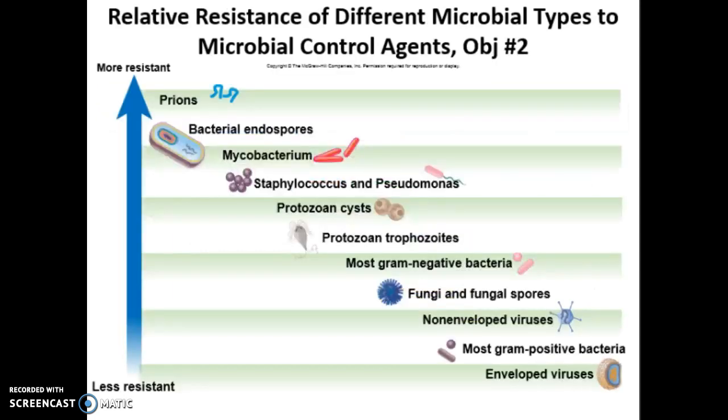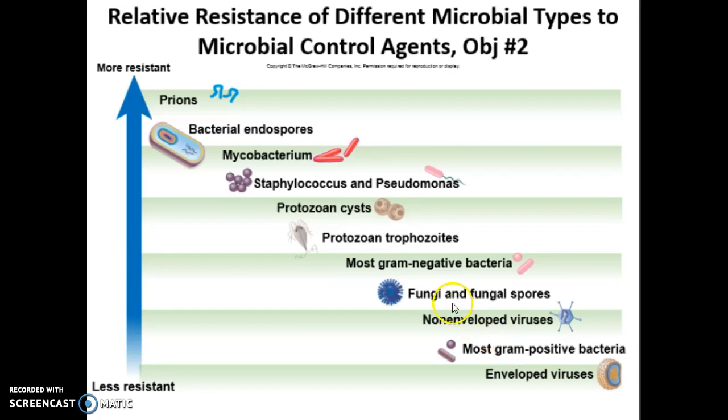All right, this figure just shows you the relative resistance of microbes, and you have a range of resistance or a range of susceptibility, however you want to look at it. Down here on the bottom, you have enveloped viruses. Those are going to be the least resistant, so most susceptible to these physical and chemical agents.